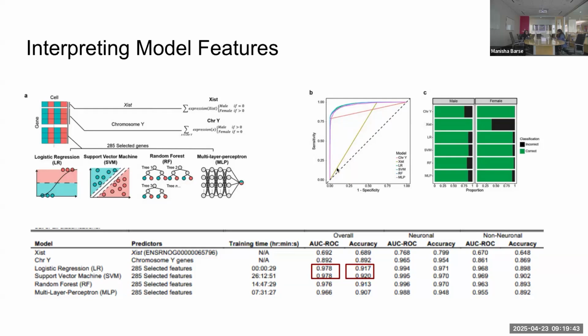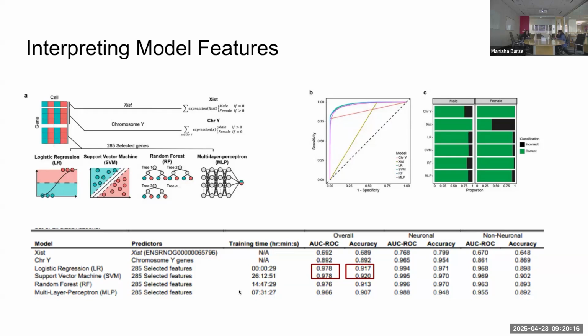We see that compared to the 4 machine learning models, XIST, which is the yellow color, performs poorly, and also chromosome Y comparatively performs poorer than the 4 machine learning algorithms.